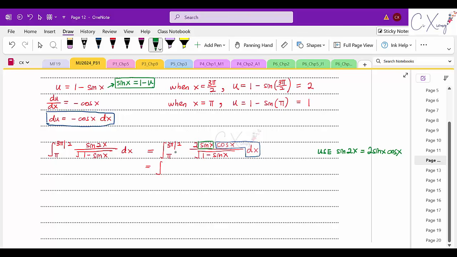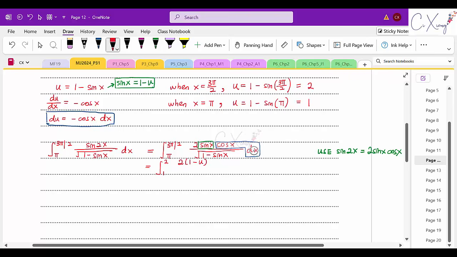Then change all the limits here. So now you realize that every single term inside the expression here, we can change from x to u already. So now I start replacing everything. The limit will become 1 and 2 for the u. The 2 I just copy first. Sine x, the green color part I know is 1 minus u, so I write it as 1 minus u.